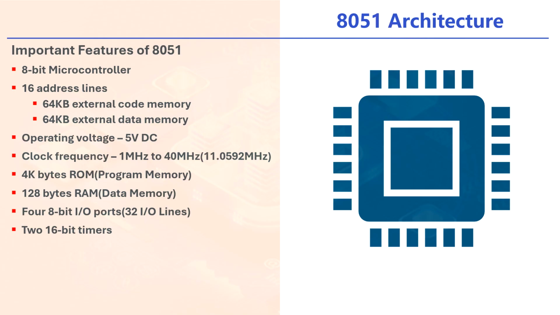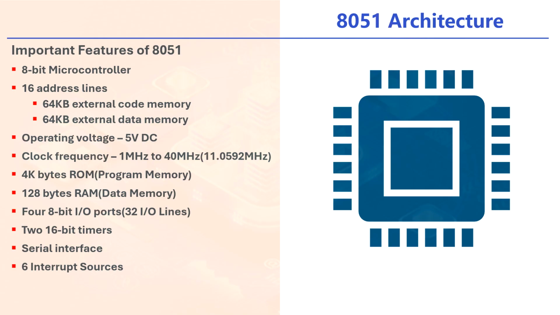The second resource is 2 16-bit registers, and they are used for generating the delays as well as for counting external events. The third resource in the 8051 microcontroller is serial communication port. With the help of this port, the 8051 microcontroller can interact with any other device serially.